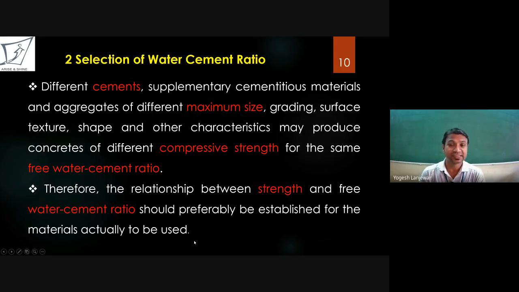The next part is the selection of the water cement ratio. Different cement, supplementary cementitious material and aggregates of different maximum size, with their grading, surface texture, shape and other characteristics, may produce concrete of different compressive strength for the same water cement ratio.